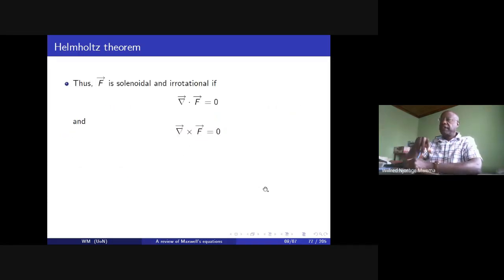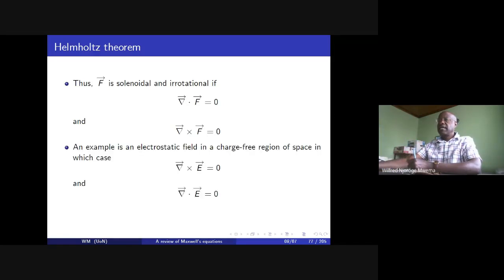Now, if F is solenoidal as well as irrotational, then both its divergence must be equal to 0 and its curl must also be equal to 0. An example of such a field is the electrostatic field in a charge-free region of space.